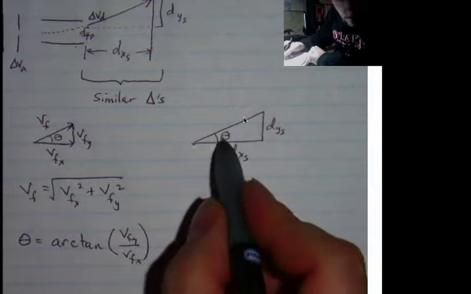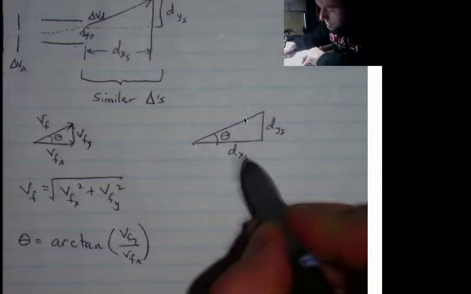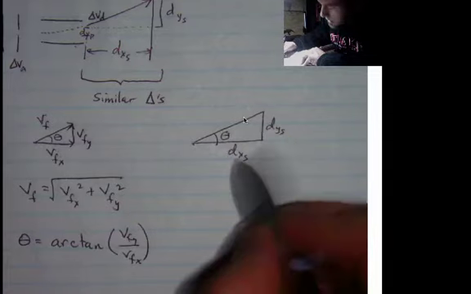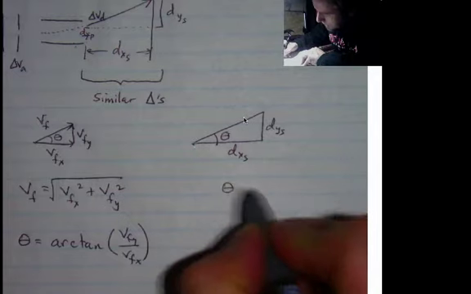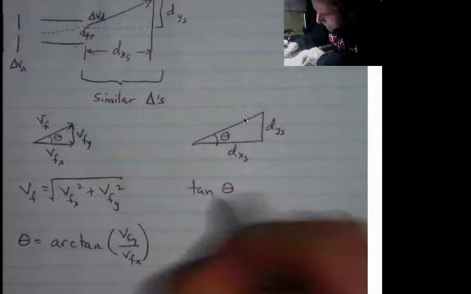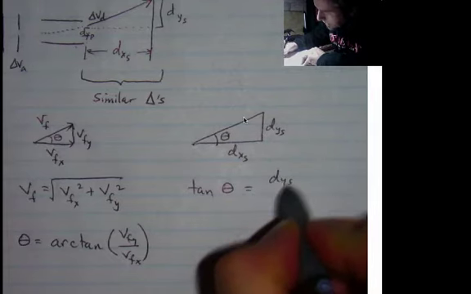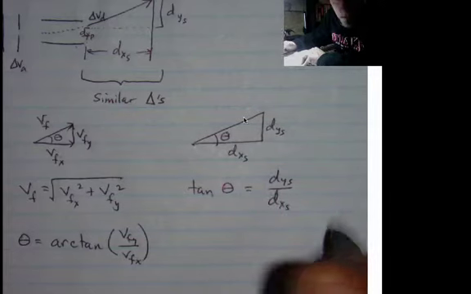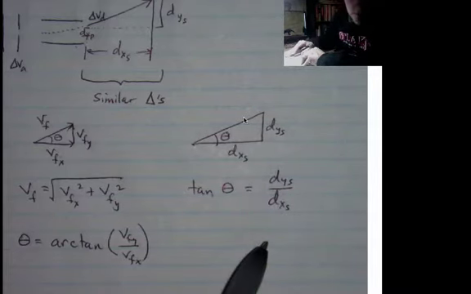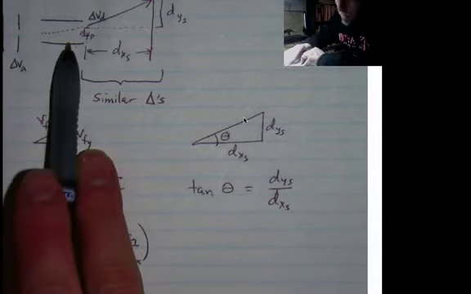So now I know the angle here. So if I'm given this distance, I should be able to find that distance, because I have a similar relationship over here that the tangent of theta equals dys over dxs.